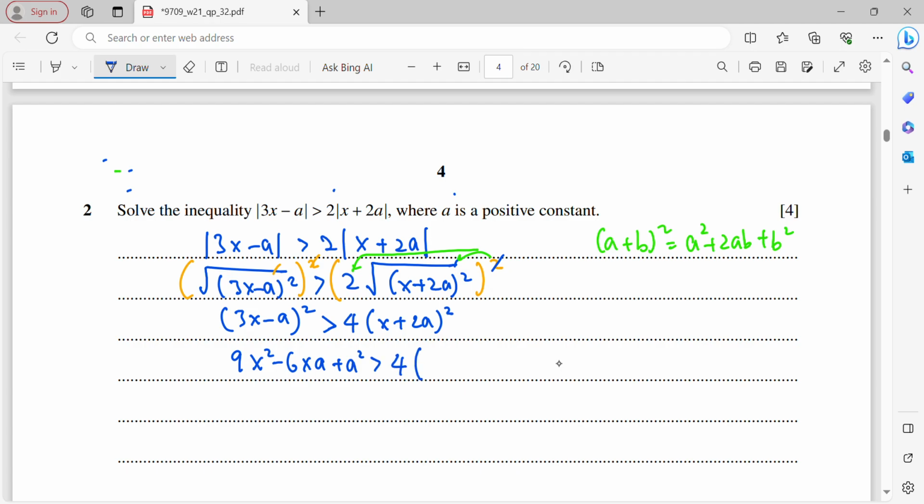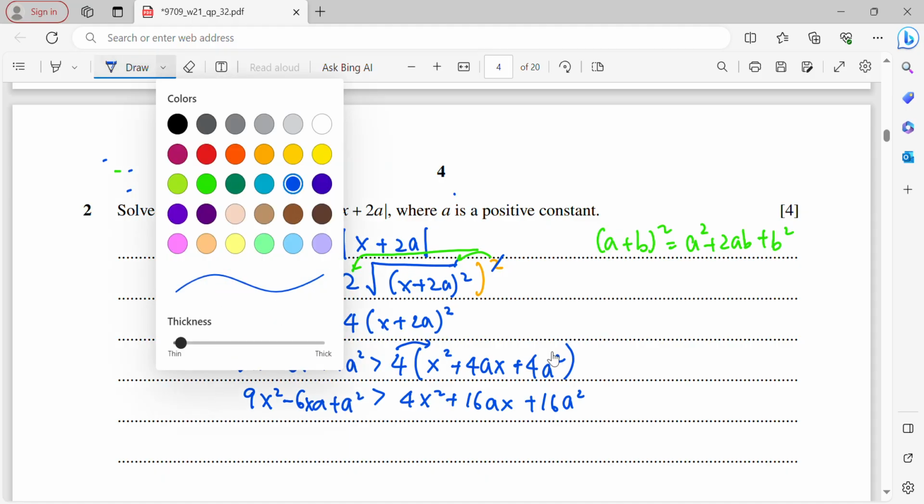For the right hand side, when you square the x plus 2a, it will be x squared plus 4ax plus 4a squared. Then you expand this 4, bring into the brackets, then it will be 4x squared plus 16ax plus 16a squared.